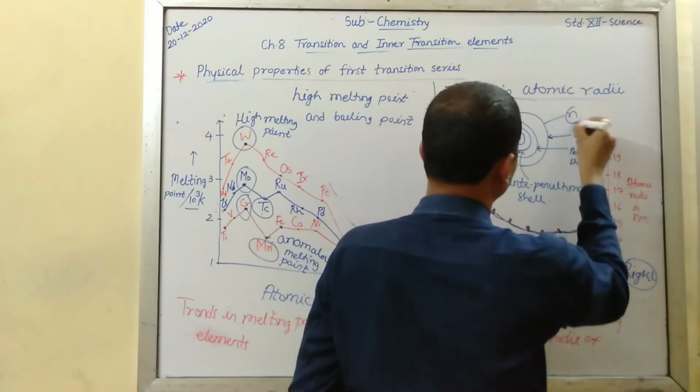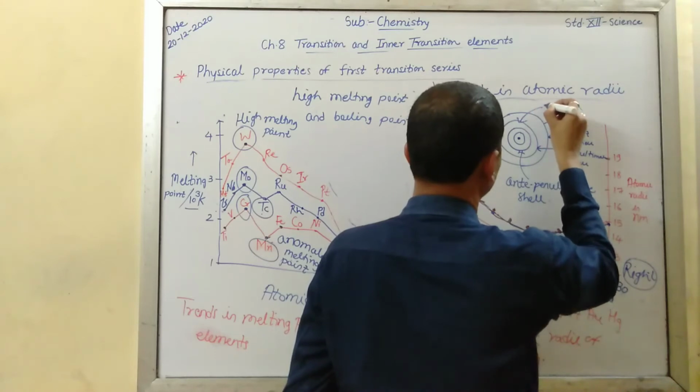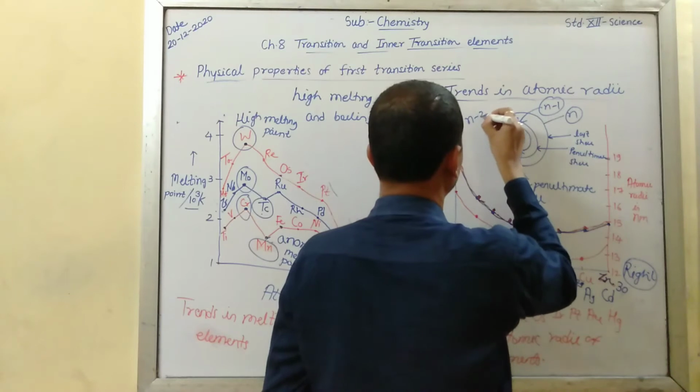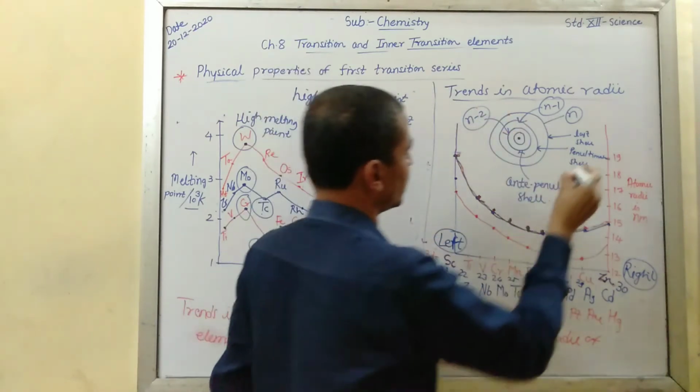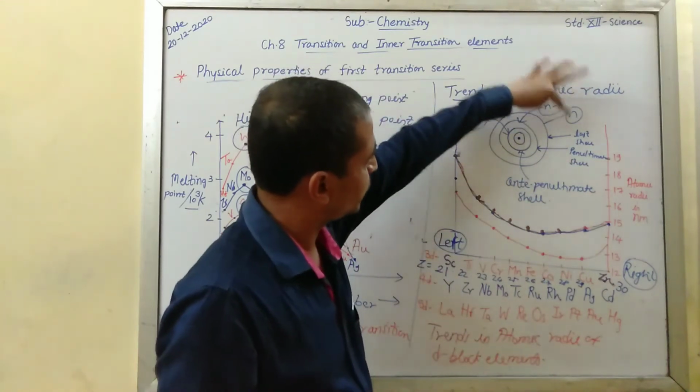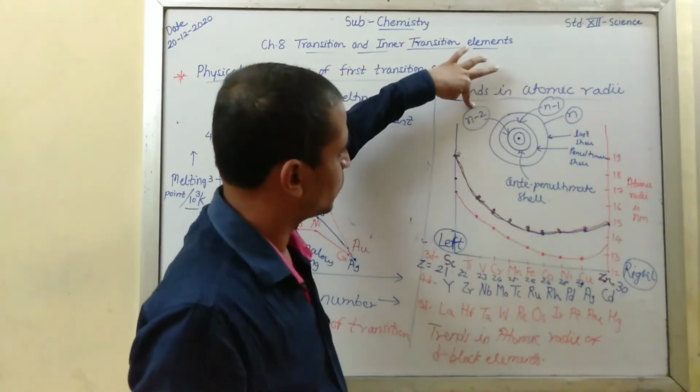Means it is n shell, it is n minus 1, and it is n minus 2. Remember that. Last shell means n shell, n minus 1, n minus 2.